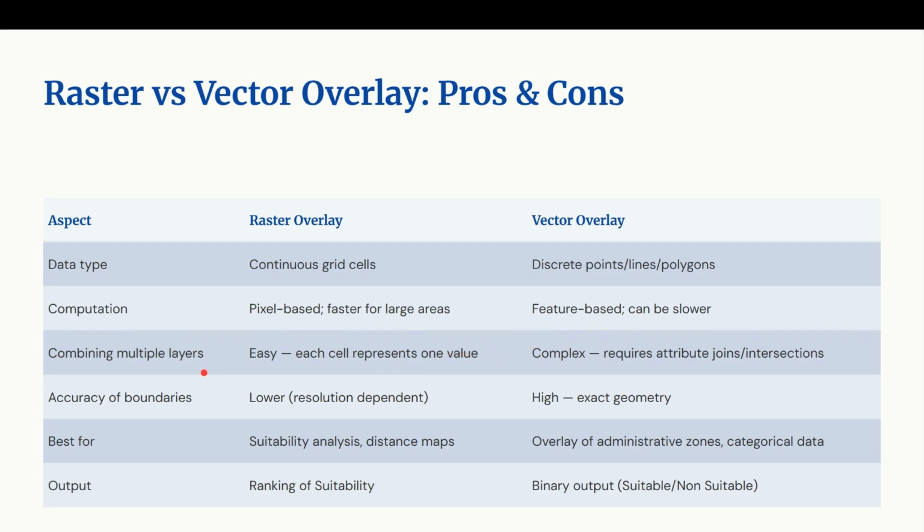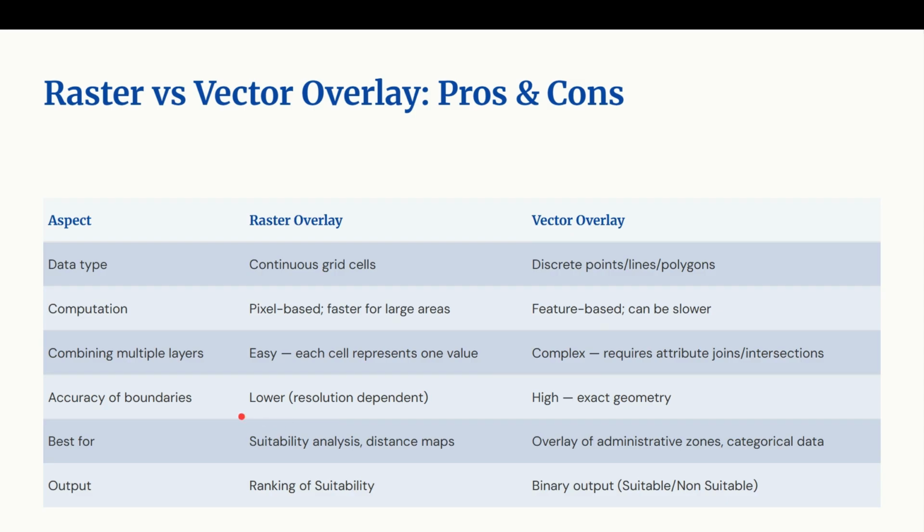We can combine multiple layers quickly in the raster domain. But in vector, it can be complex, and it also requires attribute information and multiple pre-processing steps on the data sets.